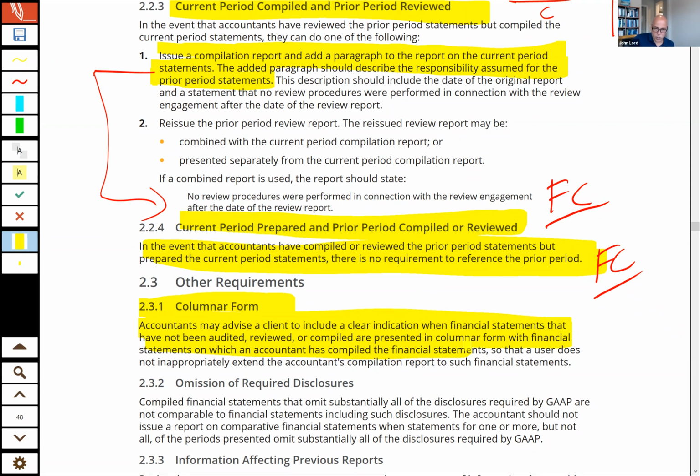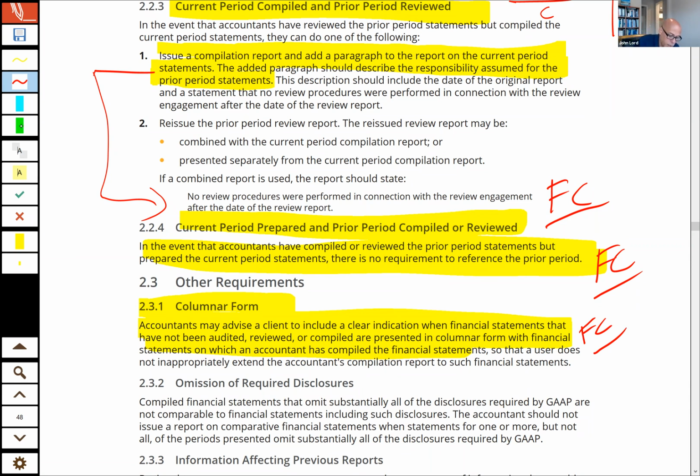It starts to get too difficult for the user of the financial statements to say, okay, this had some audit work done with it, this didn't. Because of that difficulty, they say you cannot put in column or format information next to each other that was not compiled, audited, or reviewed next to information that was.